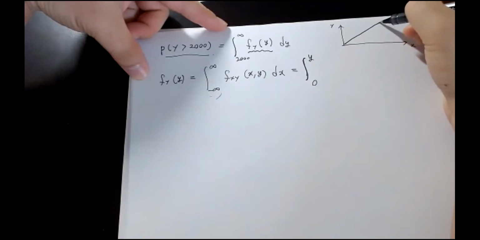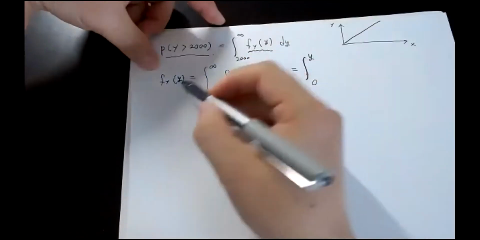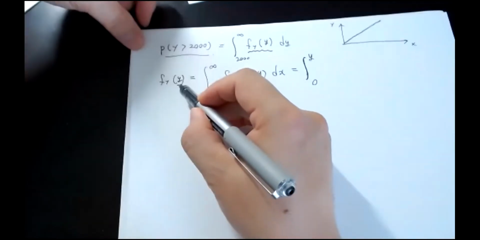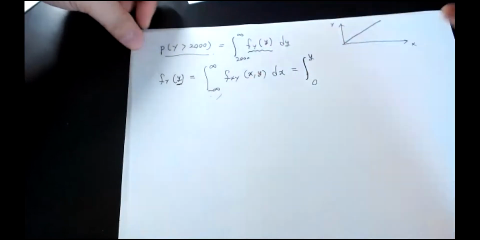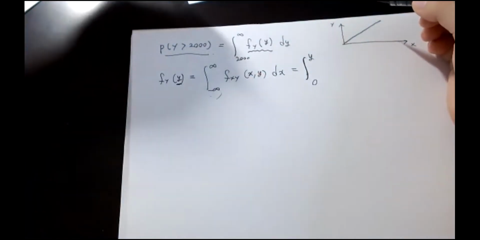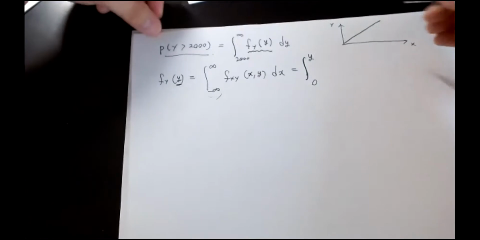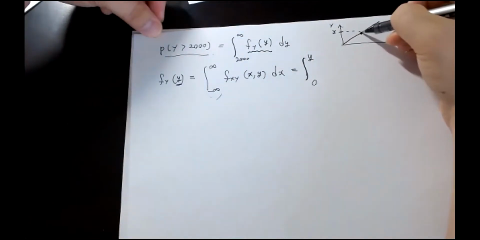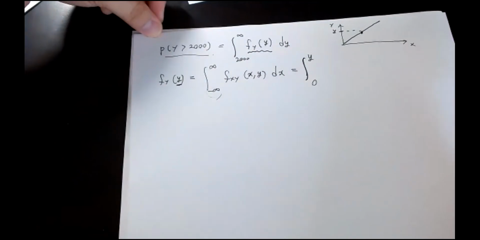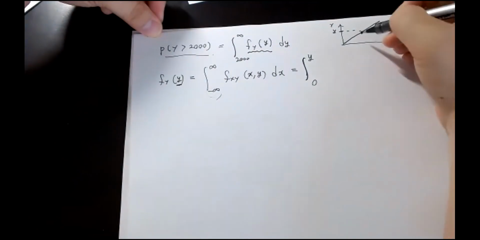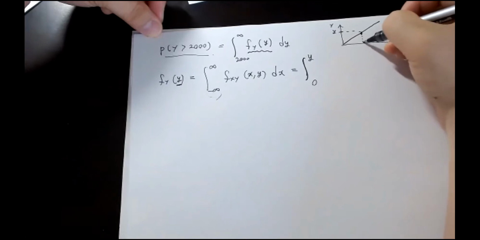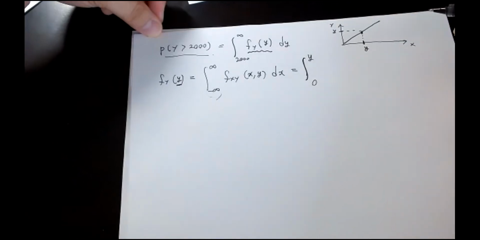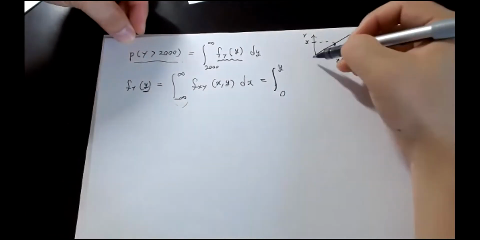Because we want to find f_Y(y), where the lowercase y is a specific numerical value for the random variable Y. So let's say y is right there. That means x cannot exceed that value, which is y. So here it's 0 to y.